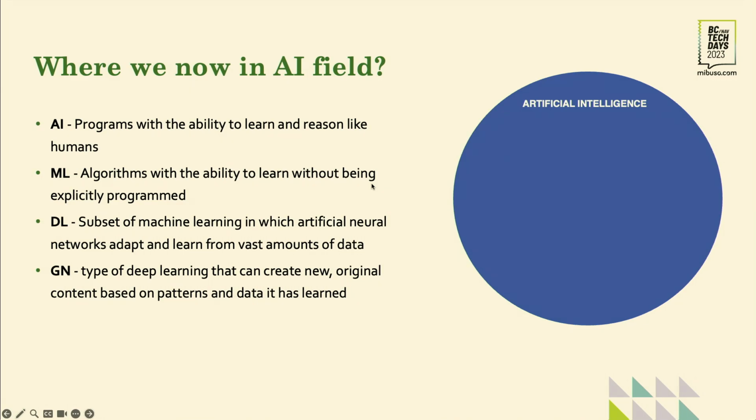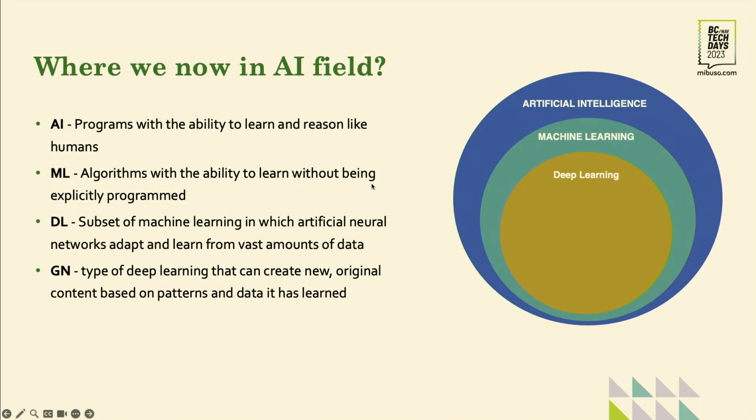So the artificial intelligence, I actually used this slide 2 years ago or more here at BC TechDays. There is artificial intelligence, a general area of investigation about what machines can do and cannot do with the same human capabilities.